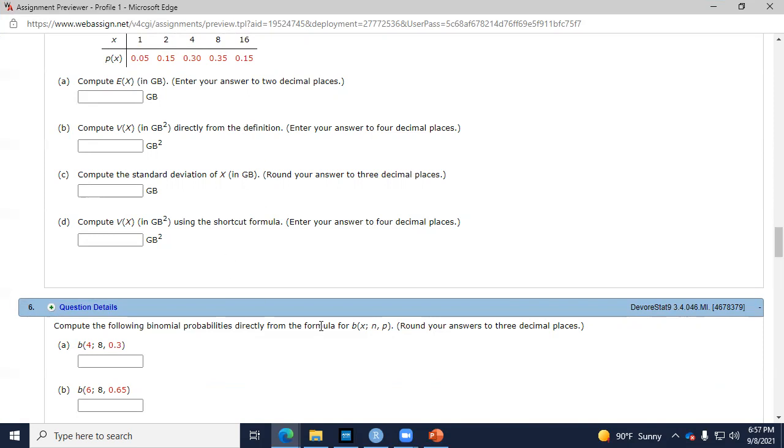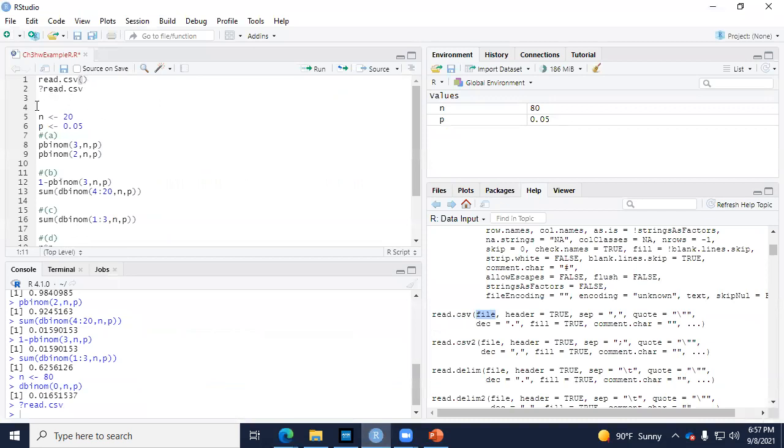Once you read your data in, you put your file equals, and you have to put the location of your file, and this will hopefully read your data in already and put it in the environment. It will appear over here.